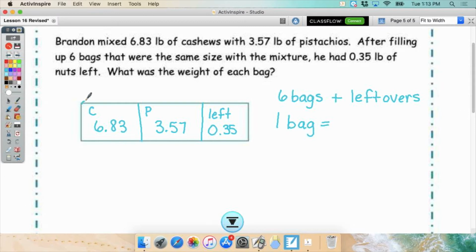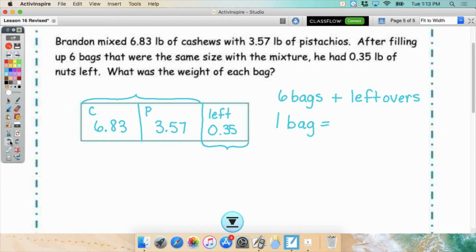Okay, so I'm going to do this. I want to add the nuts together, don't I? Okay, so to figure out how much this is right here, the cashews and pistachios, what am I going to do?